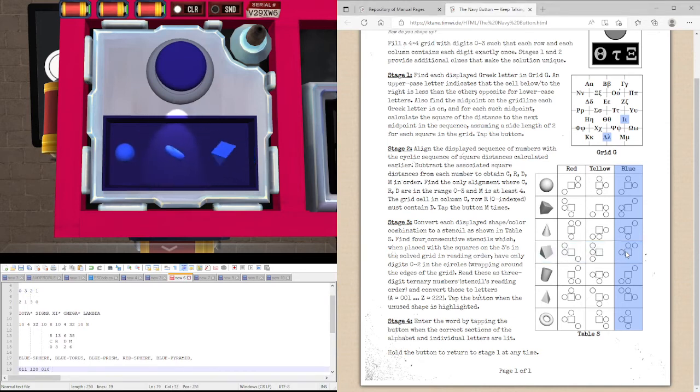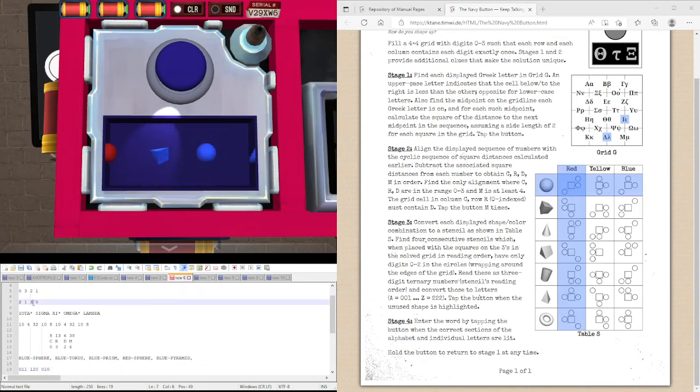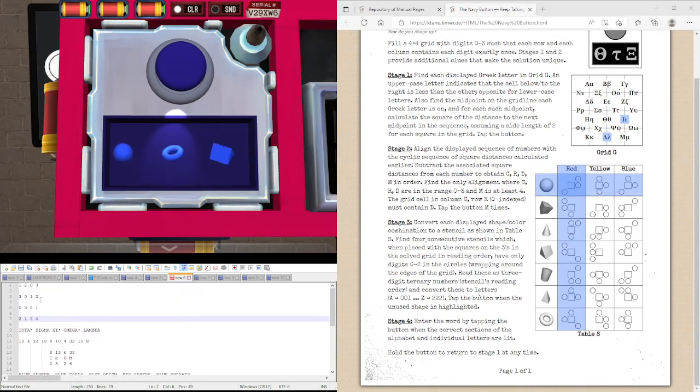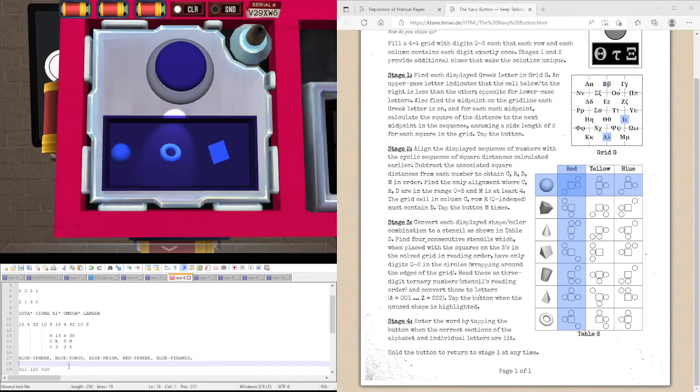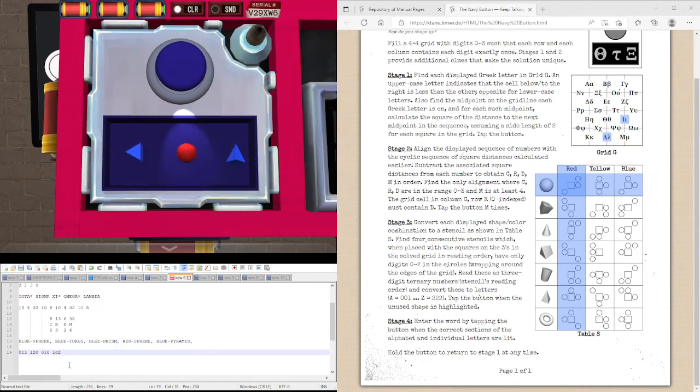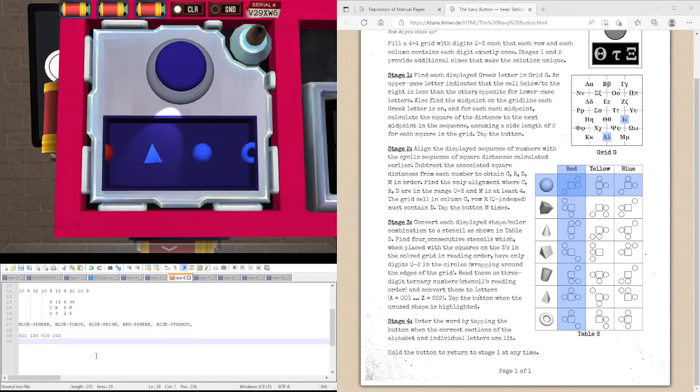So it's looking like it's going to be this. Then we have red sphere on this last one. We have 1, 0, 2. So we have our word now, hopefully. We're going to convert these base 3. So these will be 3 plus 1. So we've got D. Then 3 squared plus 2 times 3.